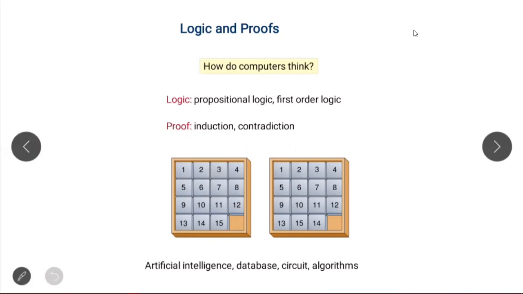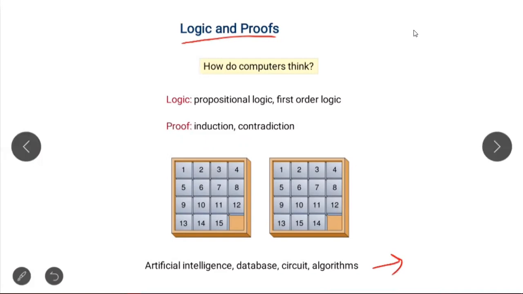The reason being, whenever we are designing a computer, we have to understand how the design of a computer should be given in such a way that it performs the task correctly. So this topic, logic and proofs, is required in these branches: artificial intelligence, database, circuits, algorithms, and there are a few other branches, but these are the ones you will study in later years.